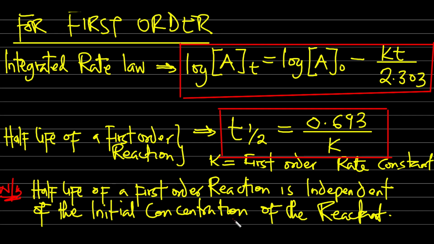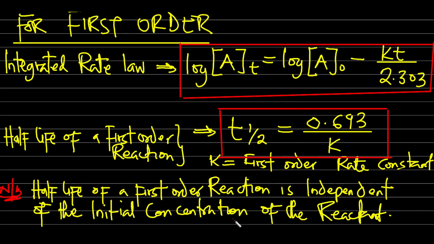If you could recall, in this video I said that. Now why is it so? Because if you look at the zero order rate equation, the concentration term is raised to 0, and anything raised to the power of 0 is 1, so concentration raised to the power of 0 will give us 1. So for a zero order reaction, the rate is independent of the initial concentration of the reactant.